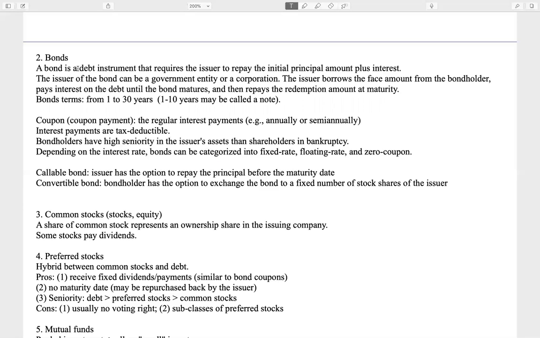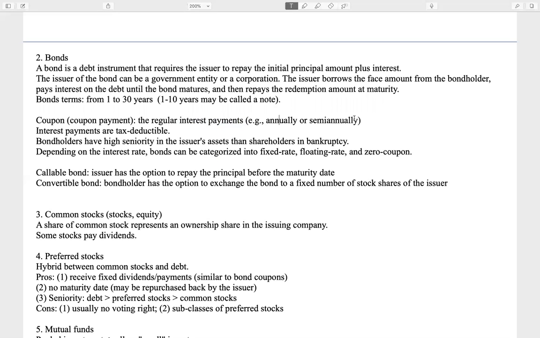So let's assume the payments are on a yearly basis. So at the end of each year, you will receive some coupons, right? Those coupons are the interest payments. So they are usually on an annual basis or semi-annual basis.